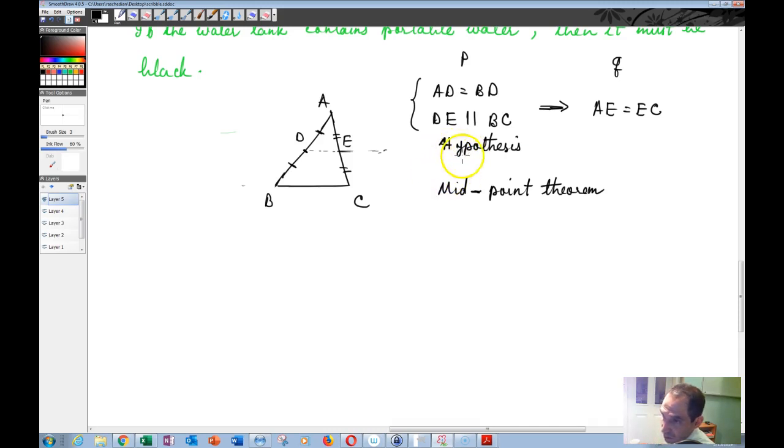So sometimes this is true, and then you can somehow manage to prove that the converse is also true, but sometimes it's only a one-way street, meaning that the only thing you can prove is that if these conditions are fulfilled, then you will have this conclusion, and of course you cannot go from here to here.